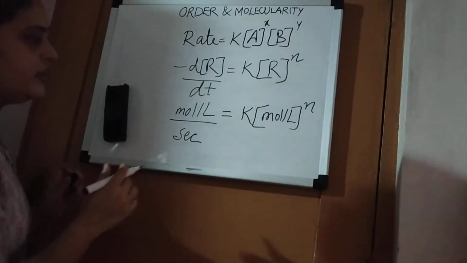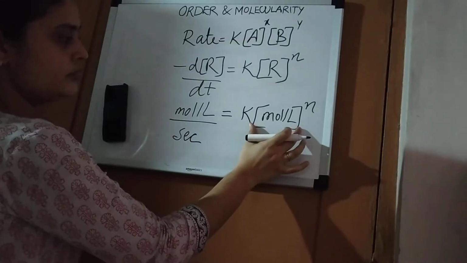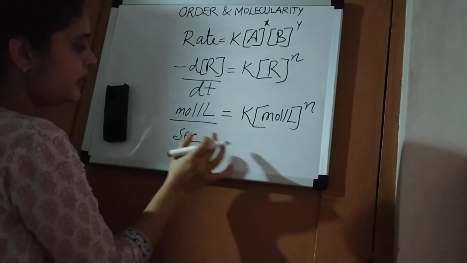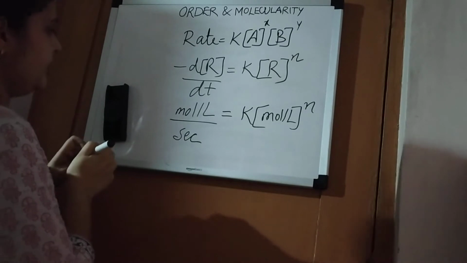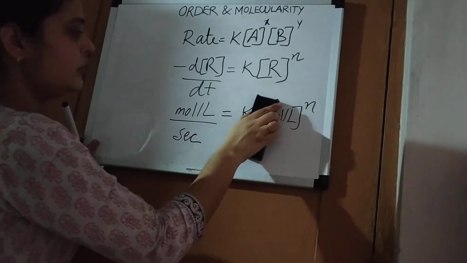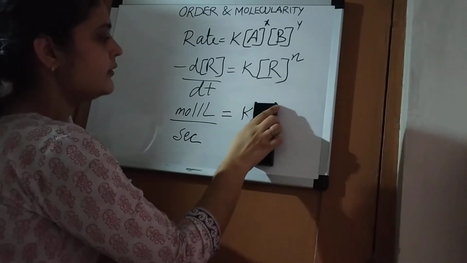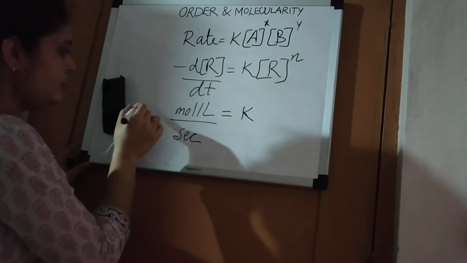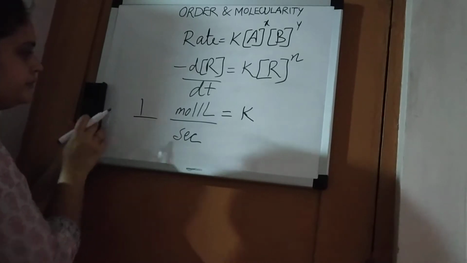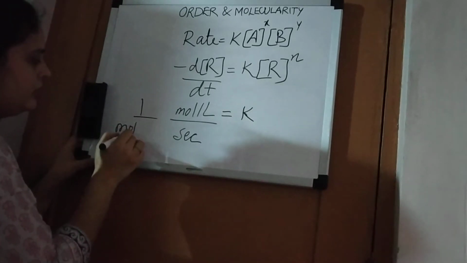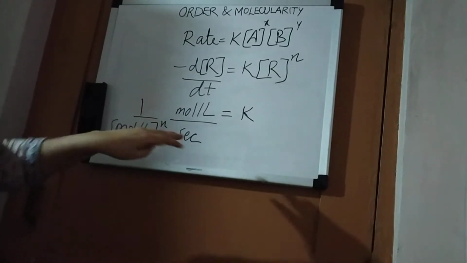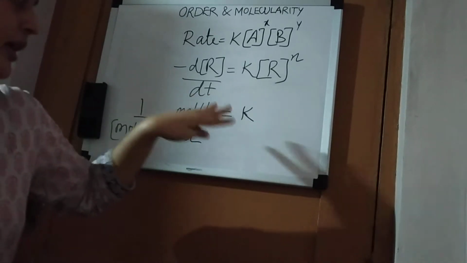So what will be the unit of k? If you take this term, it will go into the denominator. So finally, k will be equal to this, which is the unit of k.